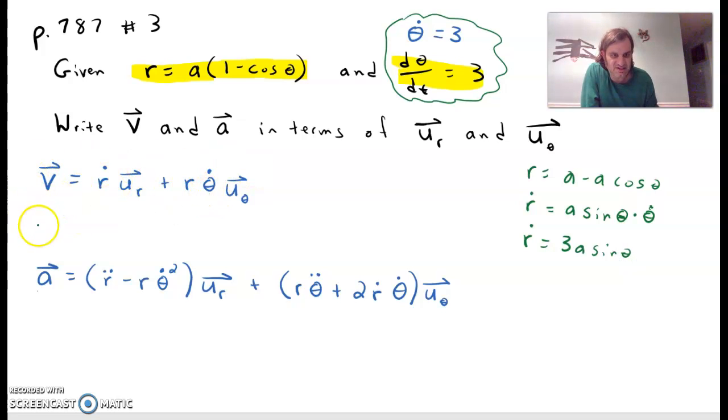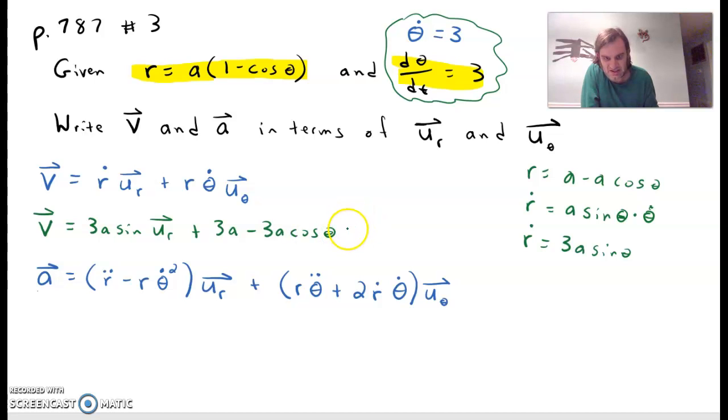So we have everything we need here. This velocity vector will be 3a sine theta times the unit radius vector plus, theta prime is 3, so we will have 3a minus 3a cosine of theta times the unit vector theta. I can put parentheses around those. So that's exactly what we just did.